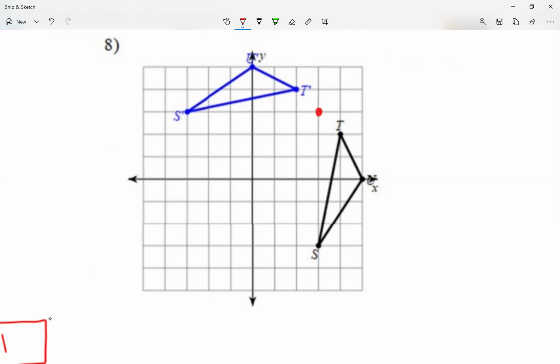If I look at U and U prime, right in between is this point. And then look at S and S prime. Right in the middle is this point. Interesting is that I see the line that goes through my points.